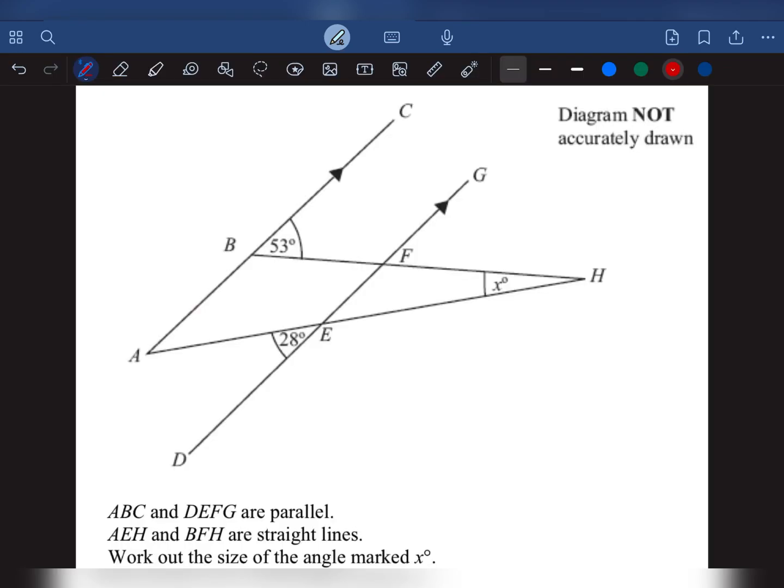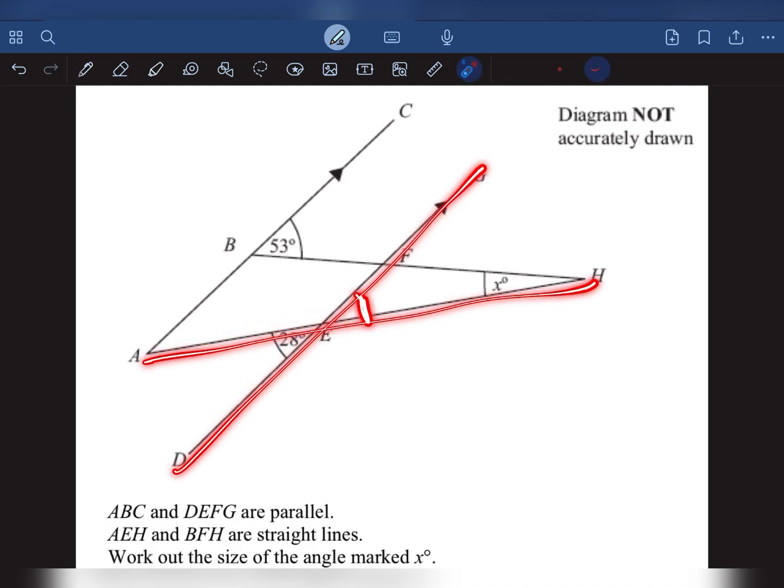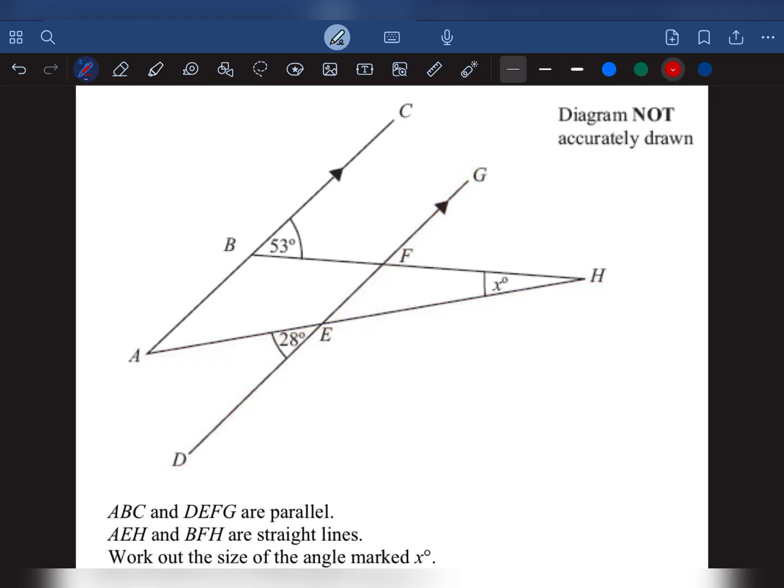Okay, so now as you know, this is 28 degrees and this is also 28 degrees. Why? Because they are vertically opposite angles.